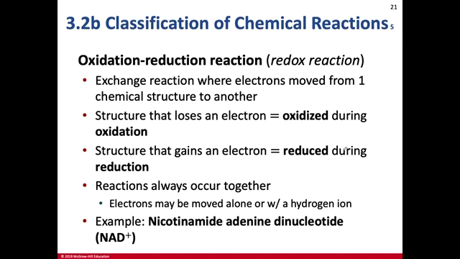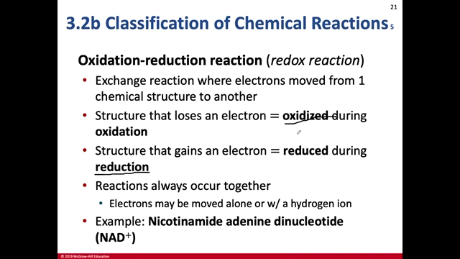A chemist would say that the oxidized group is going to have a positive change in its oxidation number, and the reduced group would have a negative change in its oxidation number. That's the formal definition of oxidation and reduction that you'll see in a chemistry textbook. But our definition is a little different.